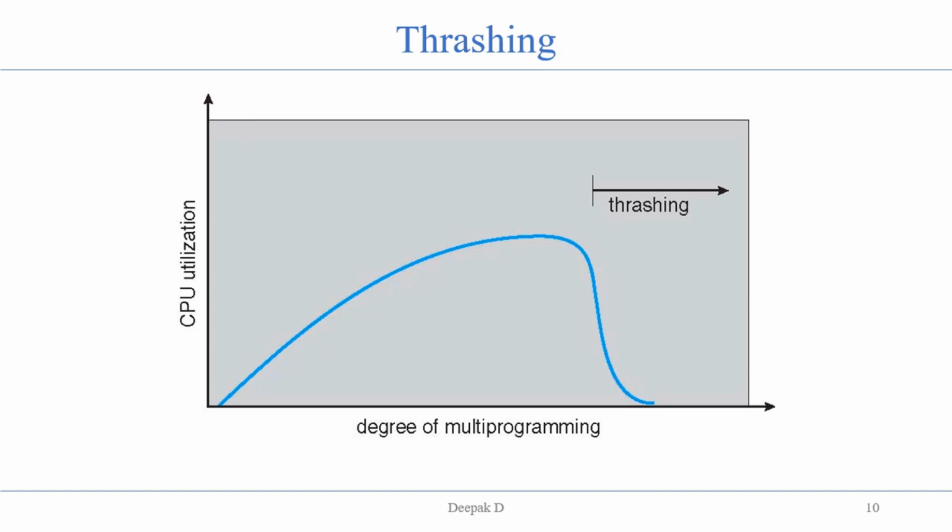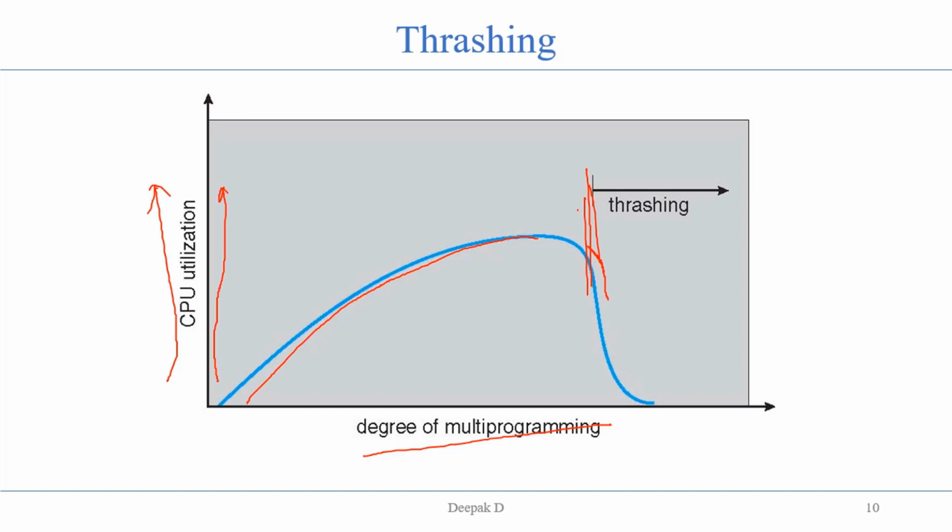So here you can see in this diagram, to some extent, as you increase the multi-programming, the CPU utilization also increases. Till here, as you increase the number of processes, CPU utilization is also increased.